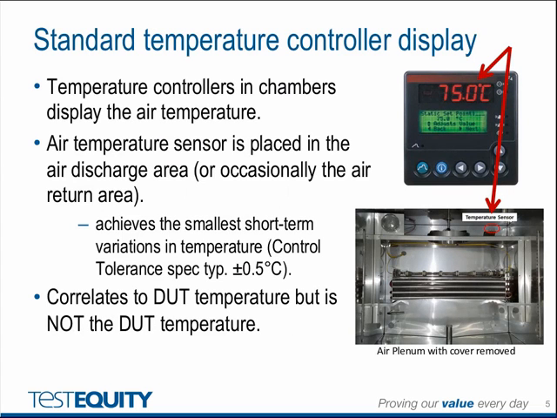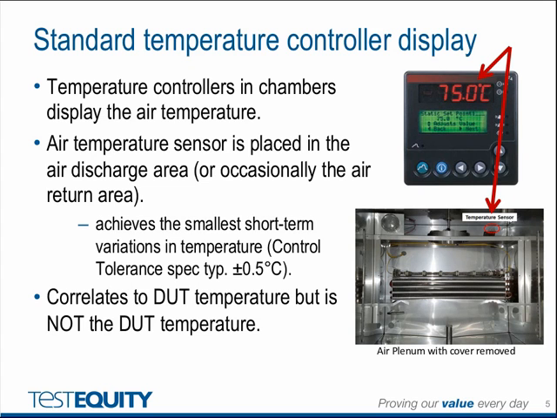So where does a standard chamber measure temperature? Chambers have a thermocouple or RTD sensor in a high velocity point within the airstream, usually just at the point where the conditioned air enters the workspace from the plenum, or the discharge area, but occasionally located where the air returns to the plenum in the return area, as in the case of our Model 155.